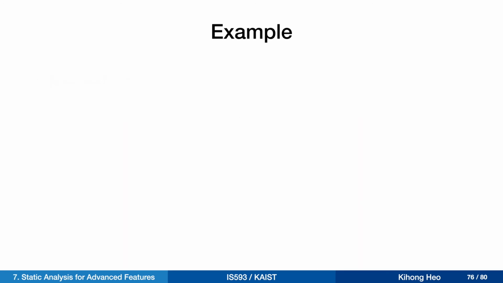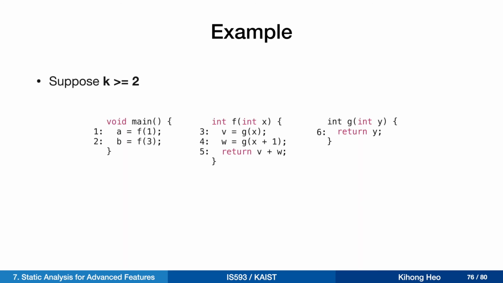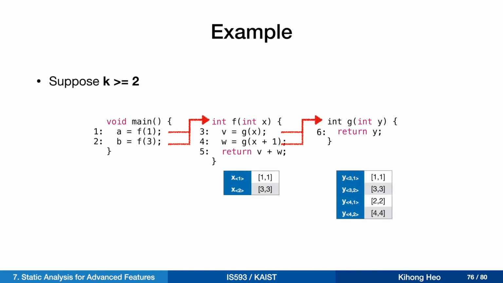Then, what if this k is larger than 1? Consider the same example and the same abstract transitions. But now, the analysis also differentiates instances in function g, as well as those in function f. So you can see we differentiate everything, right?